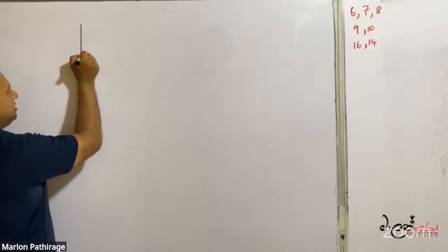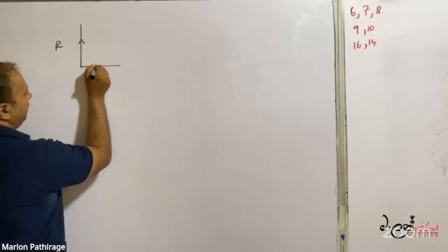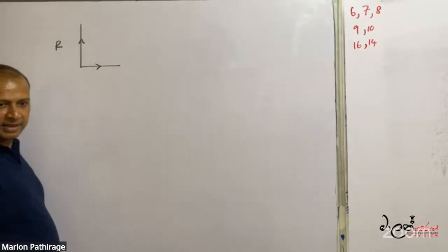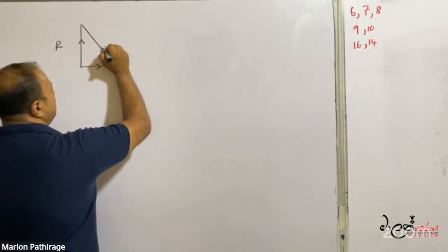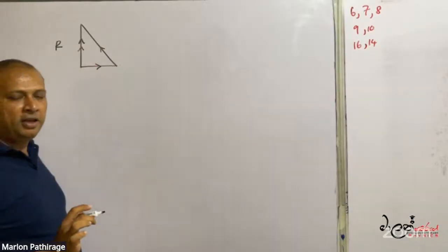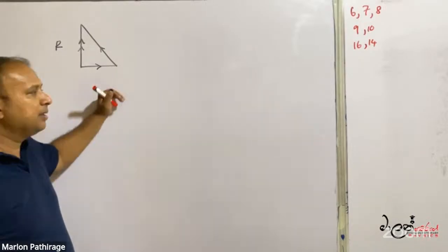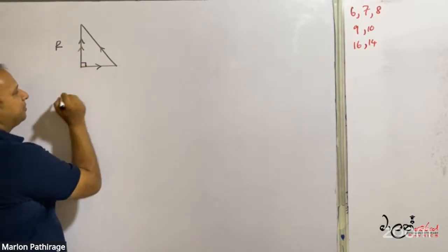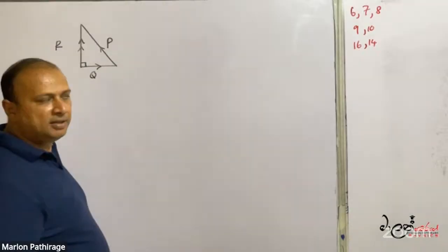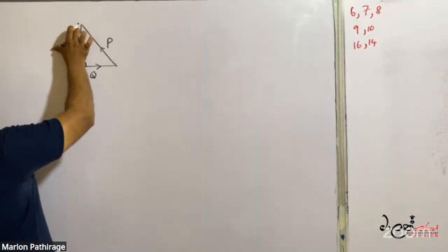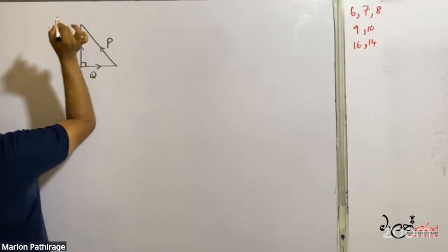That means this is the resultant force and it is perpendicular to the smaller force, and this should be the larger force. If you can draw this geometrical figure, then it is very easy. So you can draw the exact orientation.